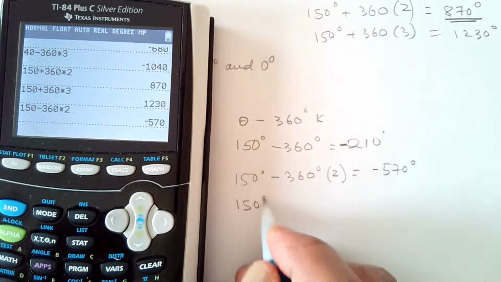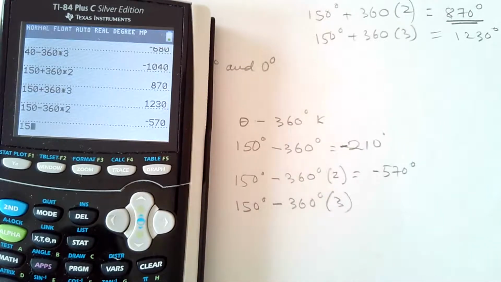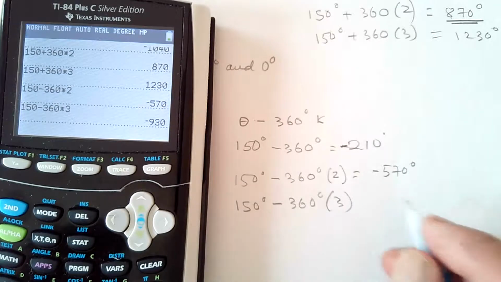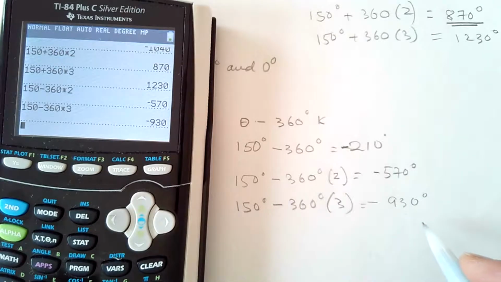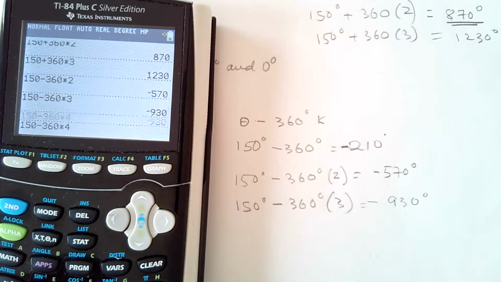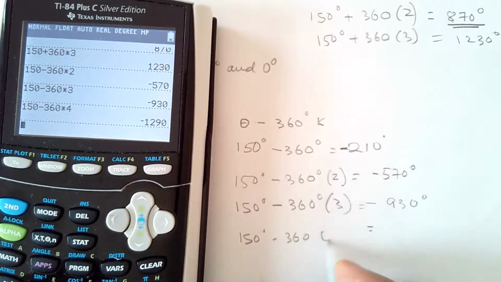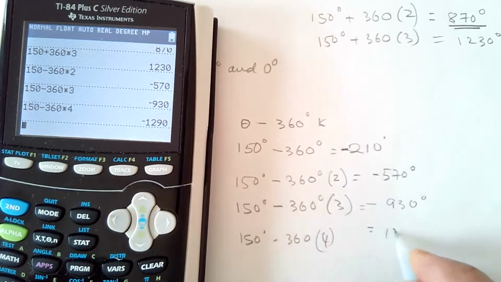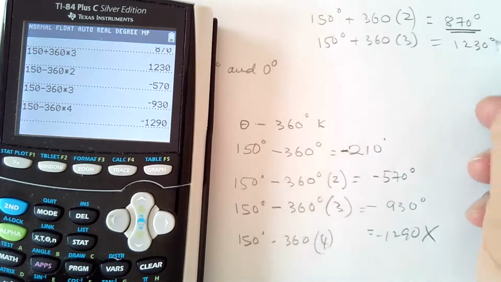The next is 150 degrees minus 360 degrees times 3, which gives me negative 930 degrees. The next one, minus 360 times 4, goes way above, beyond our 1000, same as the one we had earlier.